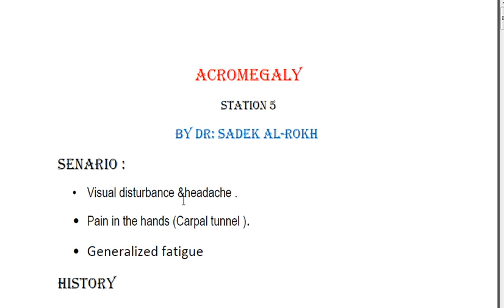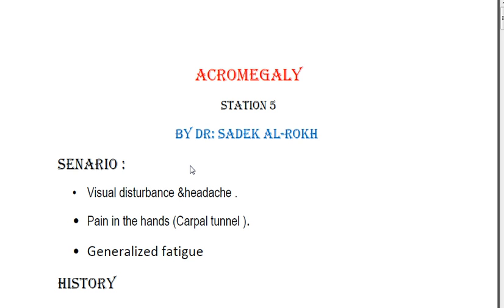And I'm going to do specific investigation in the form of insulin-like growth factor 1, which is a screening test, and also checking growth hormone after giving 75 grams of glucose, which will not suppress the growth hormone. And the imaging in the form of CT brain or MRI brain, which is the best for the patient.